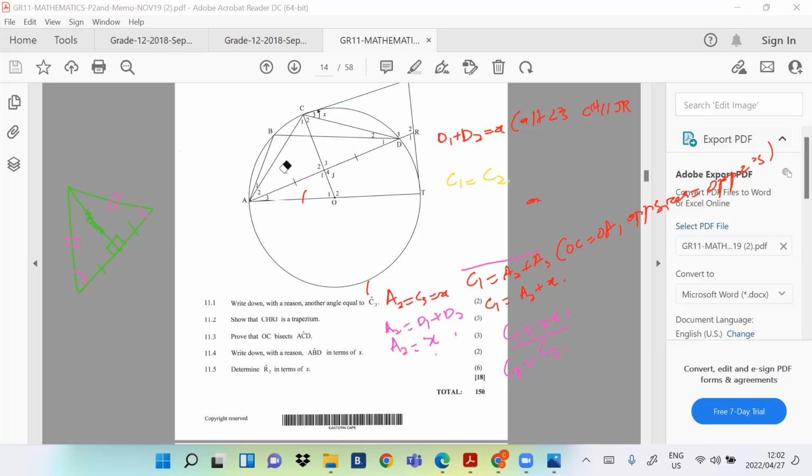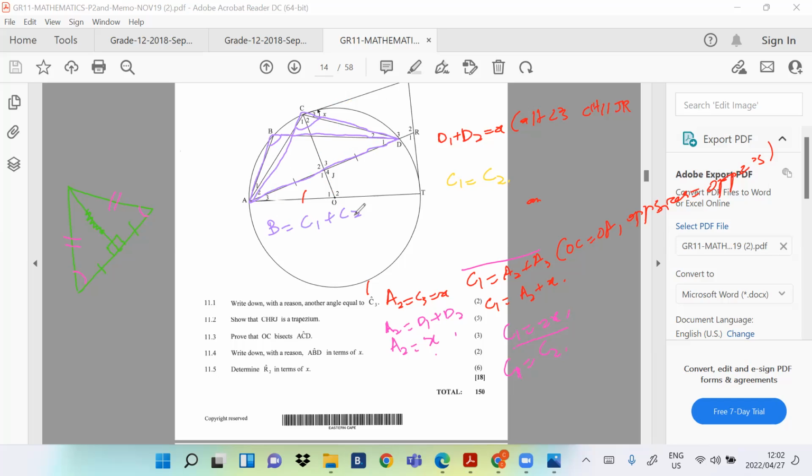They are subtended by this and also that, right? So angle B is equal to C1 plus C2.